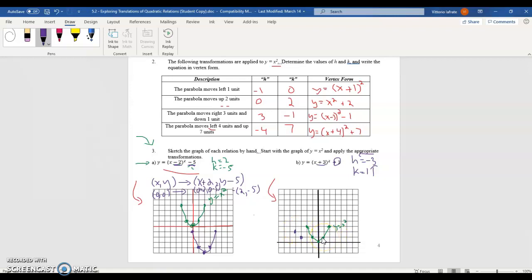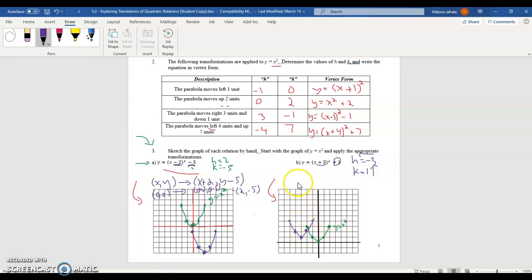Same thing here, left 3 units, and up 1. So notice we shifted the parabola to the left by 3 units and moved it up by 1 unit as well.